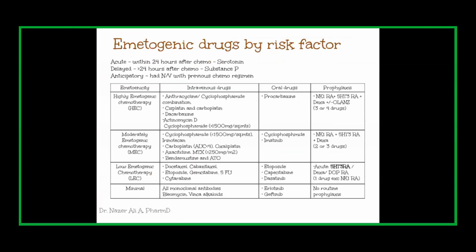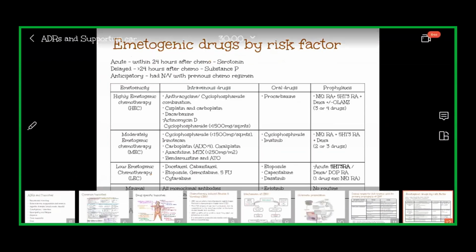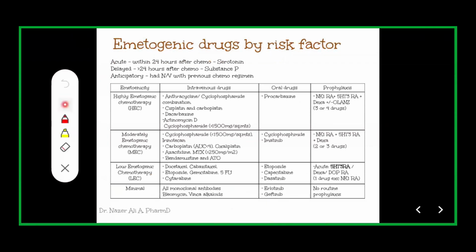So there is a categorization. We can categorize the chemotherapy based on the emetogenic risk. There is highly emetogenic chemotherapy, for example protocols containing adriamycin and cyclophosphamide, protocols containing cisplatin or carboplatin, and actinomycin. All these are some of the highly emetogenic chemotherapy drugs.